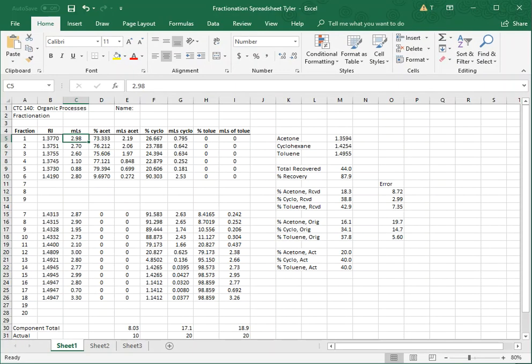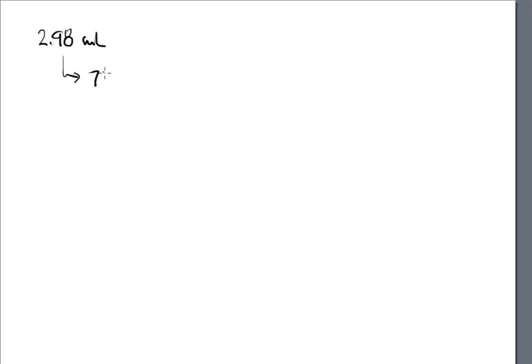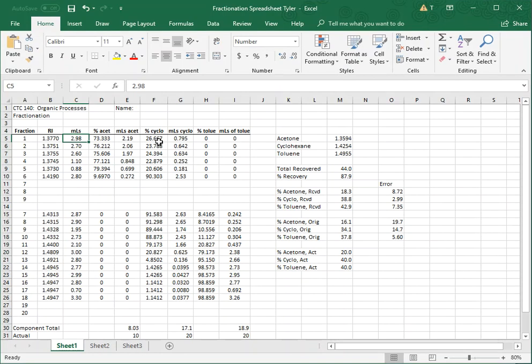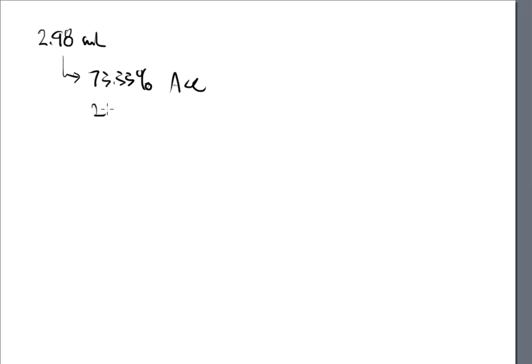So in the first container, you had 2.98 milliliters. And you're telling me, based on the spreadsheet, if I pull that up again, that your acetone is 73.33% of that total. So 73.33% is acetone. And then you're turning around and telling me that 26.66 is going to be your cyclohexane. So 26.66 is your cyclo.